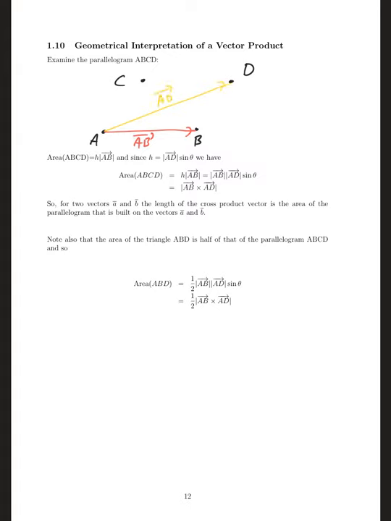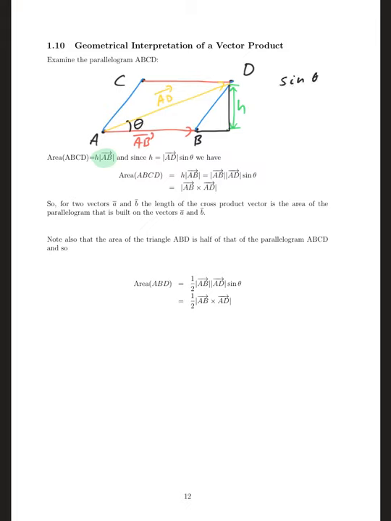So for any two vectors that are making a cross product, you can construct a parallelogram around them like this. This parallelogram has height h, which is this length, and the area of the parallelogram is that height h times the length of AB. Now we'll work out h in terms of the cross product AB and AD, and we'll get the area in terms of the cross product.